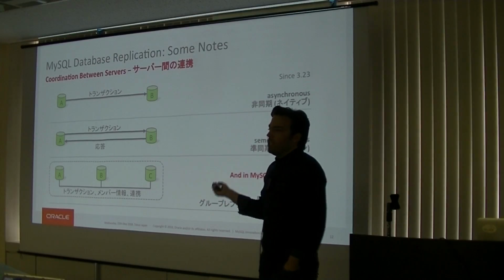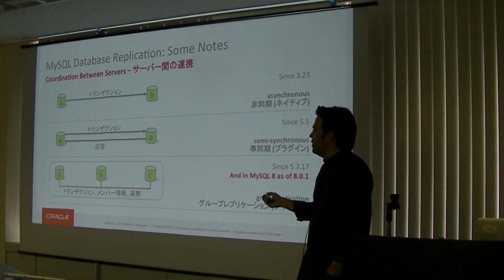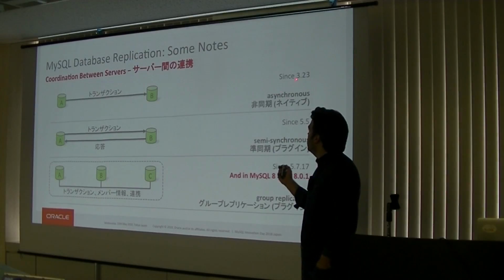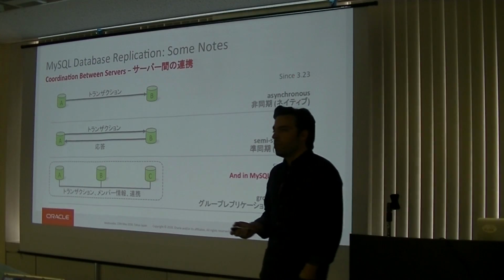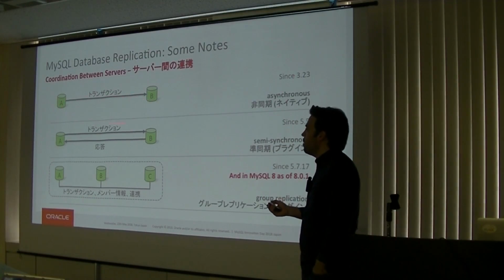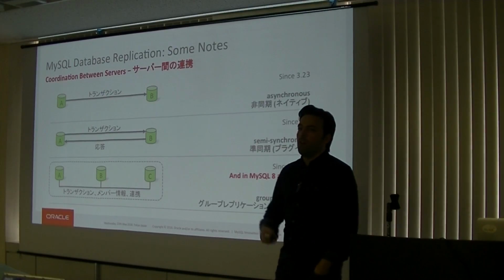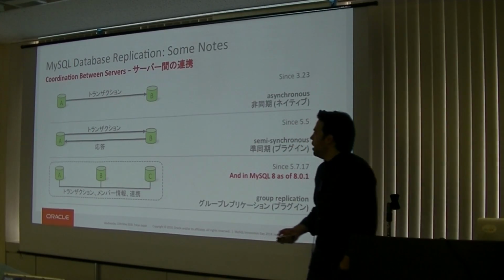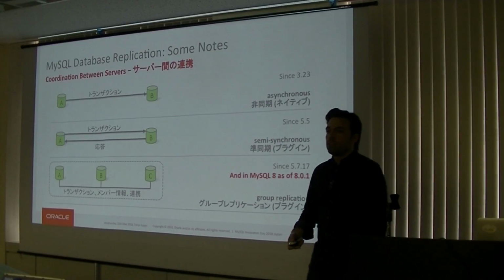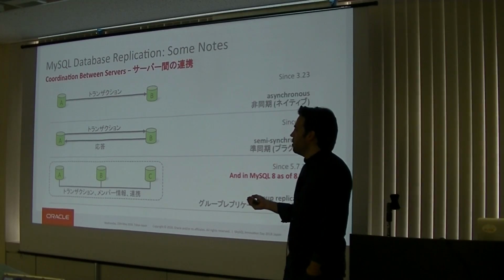And also, I would like to just draw some attention to this. Since MySQL 3.23, we had asynchronous replication, only statement-based replication. And then in 5.1, row-based replication was introduced, still asynchronous.